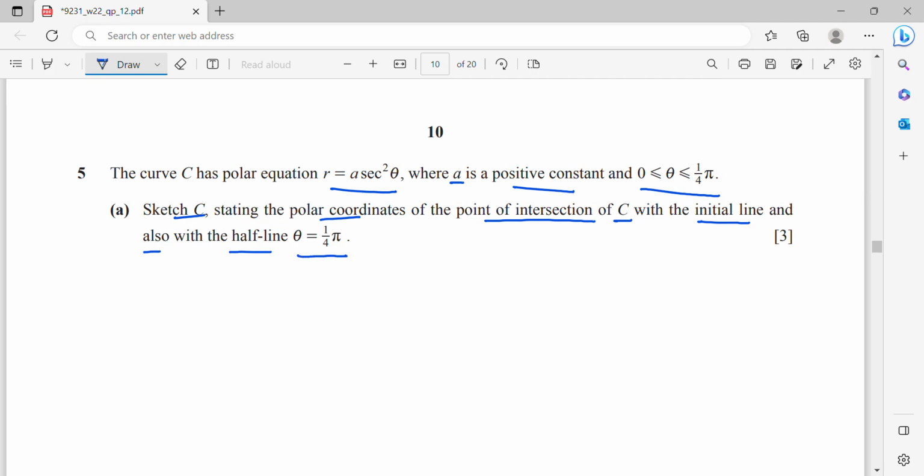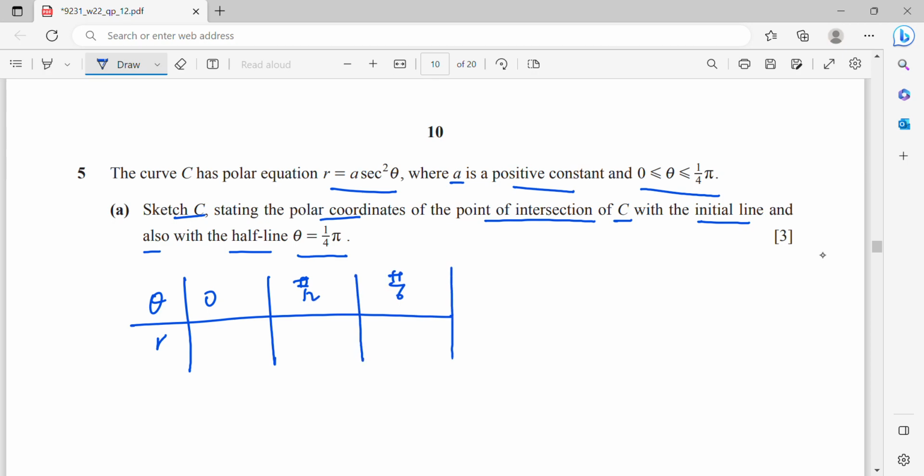Okay, so before we solve, we need to calculate the values. For theta from 0 to pi over 4, we may count 0, pi over 12, pi over 6, okay, we get more points, and then pi over 4.